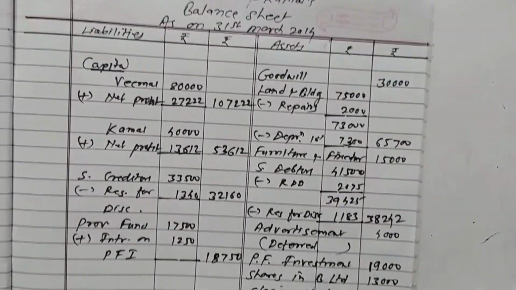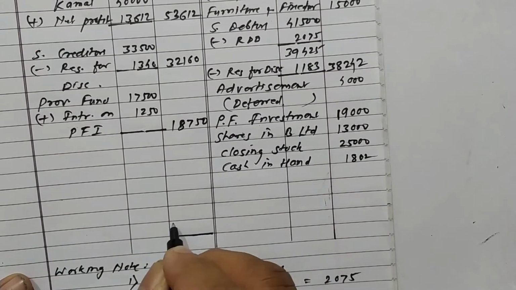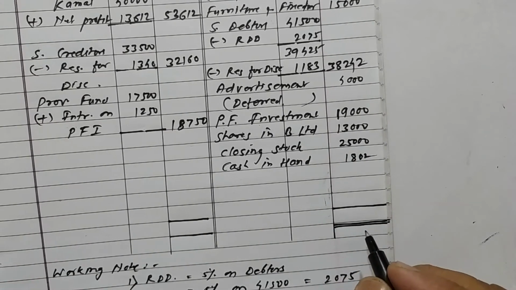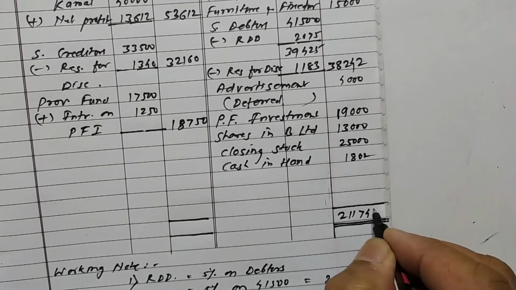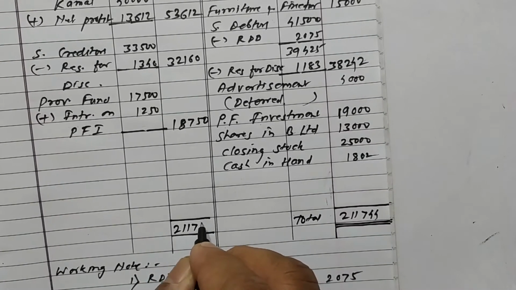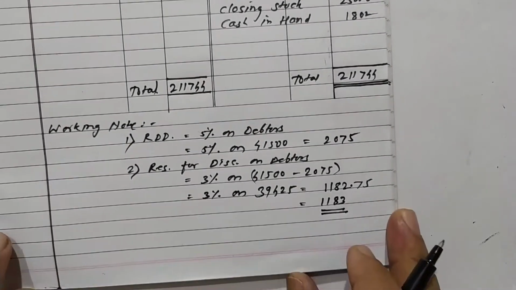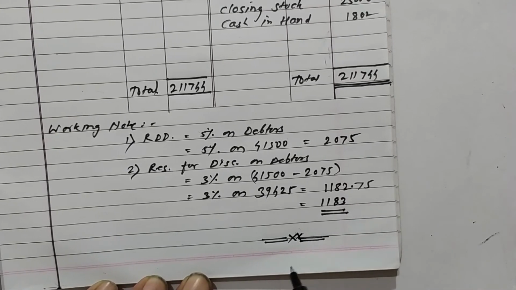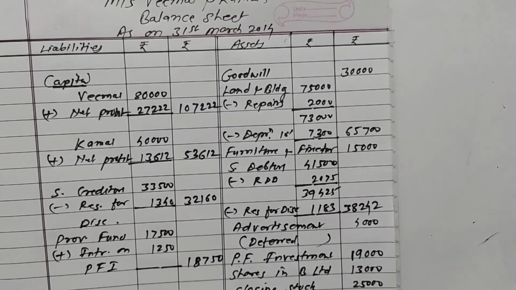Now we close the balance sheet, total of assets and total of liabilities. Total is 2,11,744. This is the complete answer. Okay, this is the answer. Thank you.